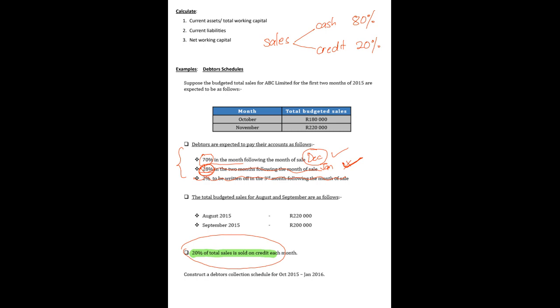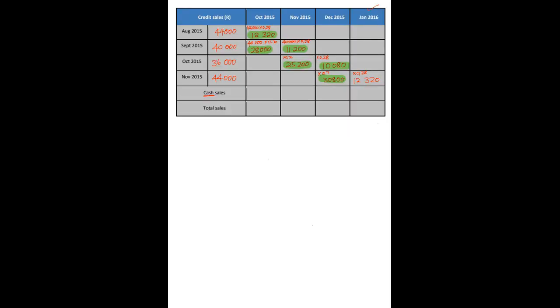Now you can only do it for the months that you're drawing up the schedule for. So you can only look at cash sales for October, November, December, and Jan. So now we need to look at, do we have total sales for October, for November, for December, and Jan? We do have your total sales for October and November. Here it is here.